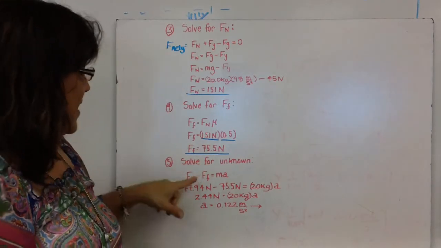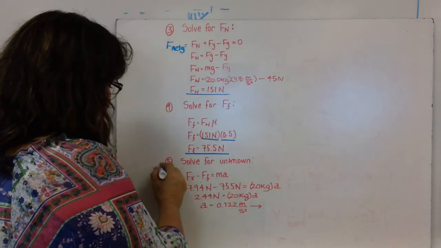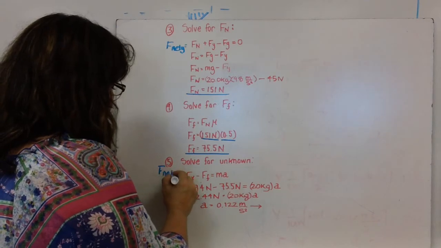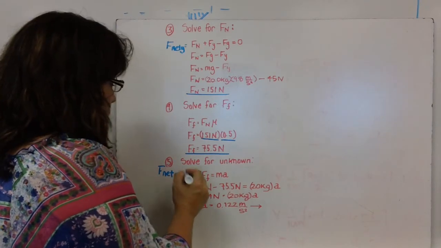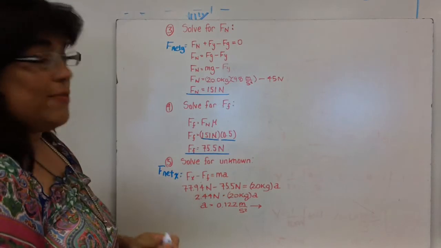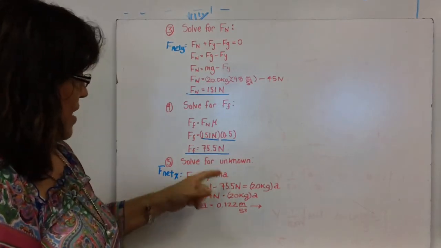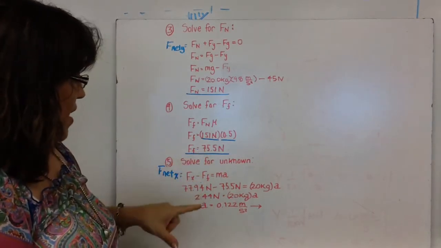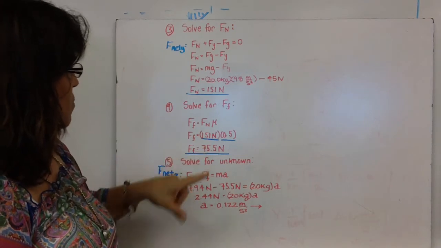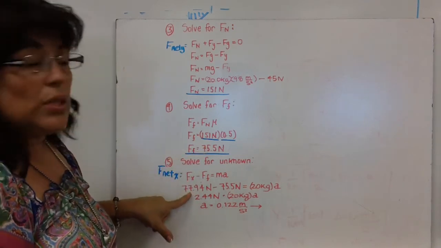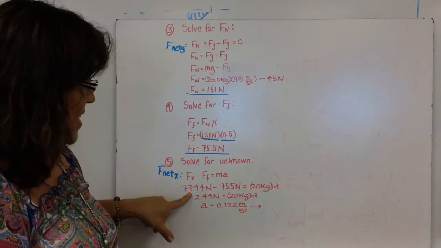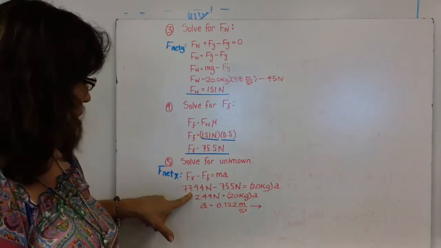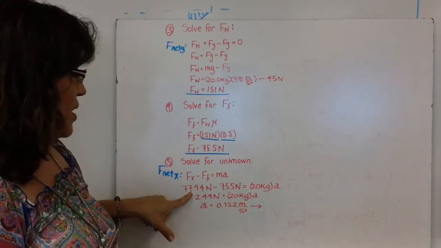I can go back in here, and this is my F net in the x direction, which we calculated using our chart. So Fx minus F of friction equals ma. Fx was the x component of the applied force, which was 90 cosine 30, which ends up being 77.94.